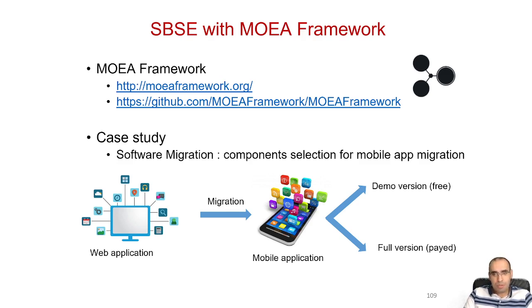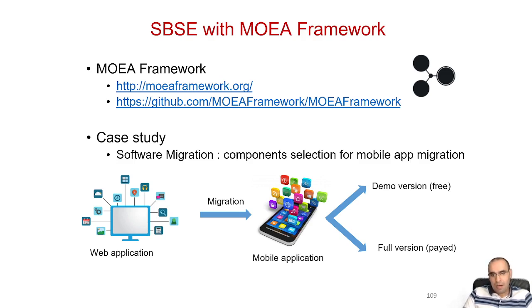So suppose a company has its own web application and wants to provide their customers with a mobile application. This is actually a trend today in software engineering, and most of the companies are trying to have their mobile application as it's more accessible to users, and it's more convenient.